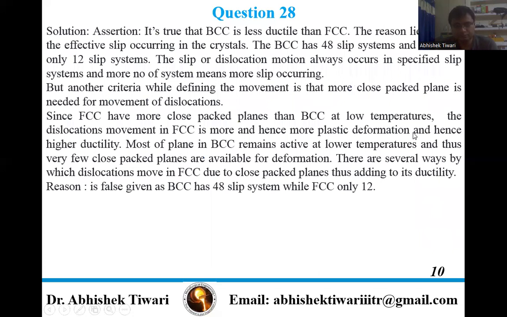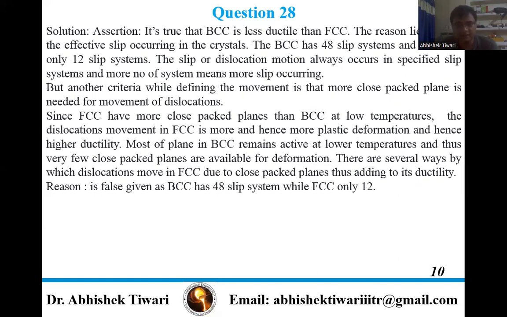So, assertion, it's true that BCC is less ductile than FCC. The reason lies behind the effective slip occurring in the crystals. BCC has 48 slip systems and FCC has only 12 slip systems. The slip or dislocation motion always occurs in specified slip systems, and more slip systems means more slip occurring.